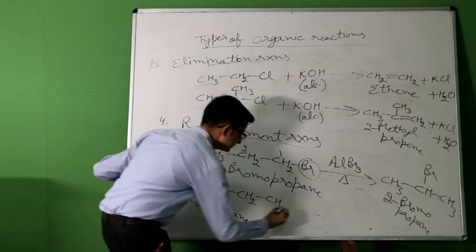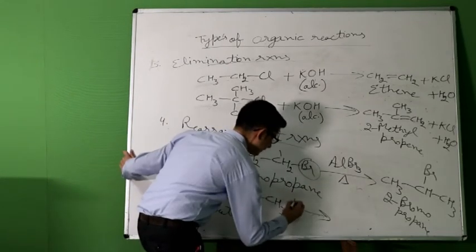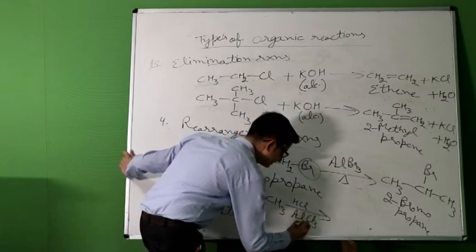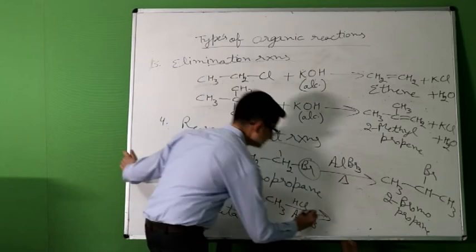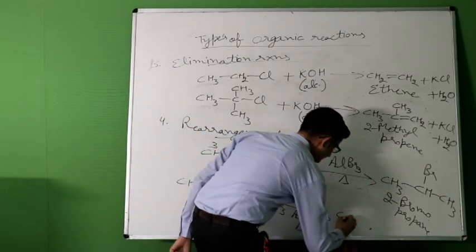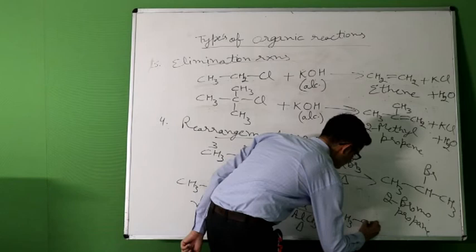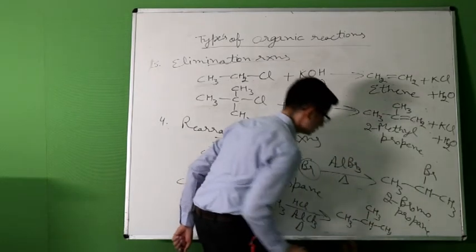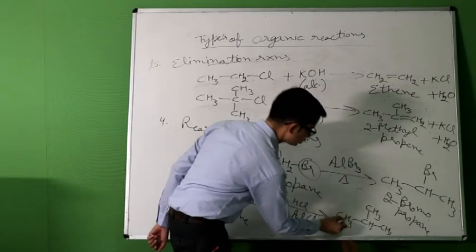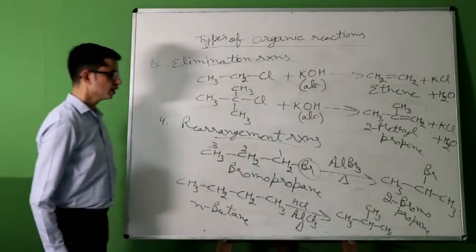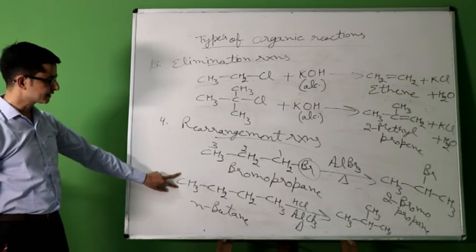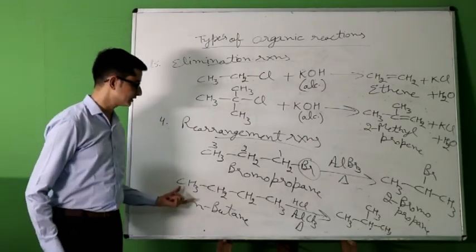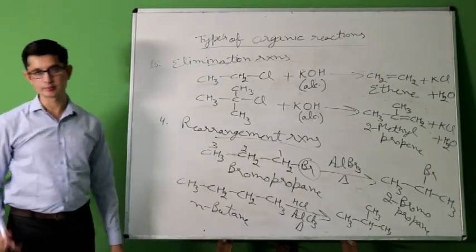If n-butane is treated with HCl in presence of aluminium chloride as catalyst at heating conditions above 500, then it results in the formation of 2-methyl propane. So here the carbon skeleton is changed. Here there are 4 carbon atoms in a straight chain. Here there are 3 carbon atoms in the main chain.